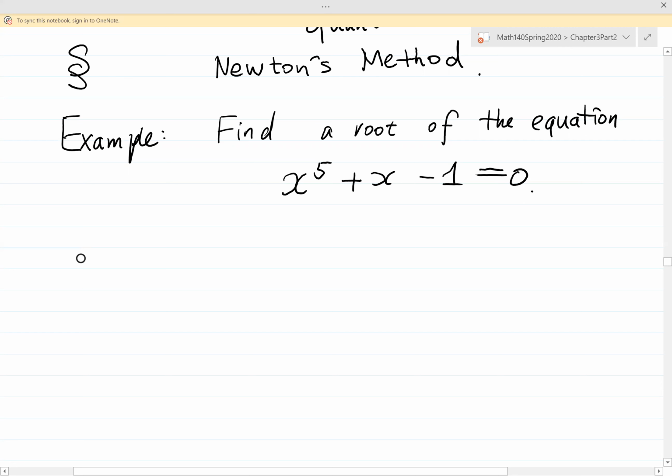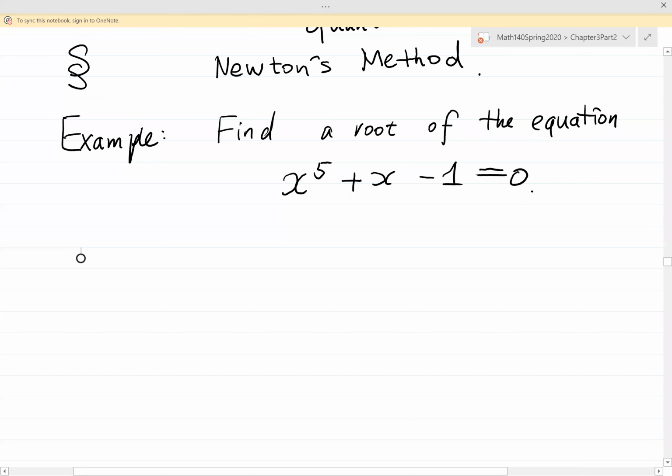We know it completely. Then people tried to find the solution for degree 3 and degree 4. It turns out degree 3 and degree 4 have similar formulas, like the quadratic but more complicated. The solution exists by radicals.